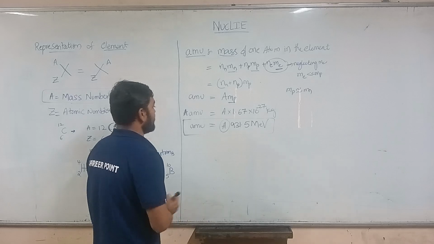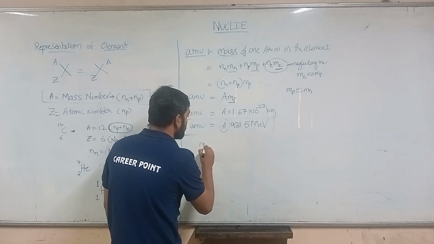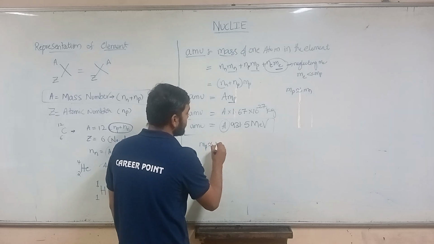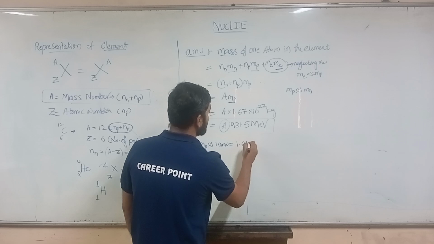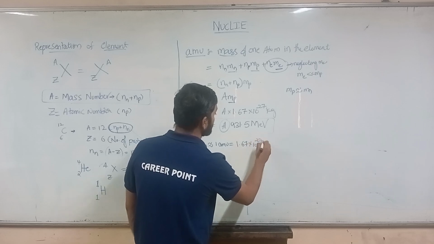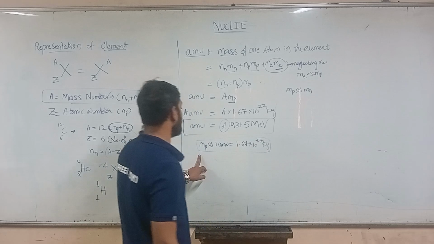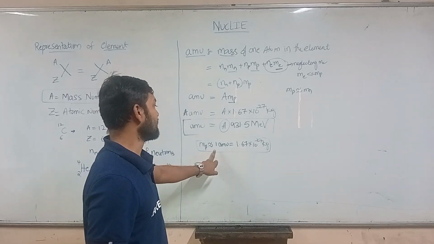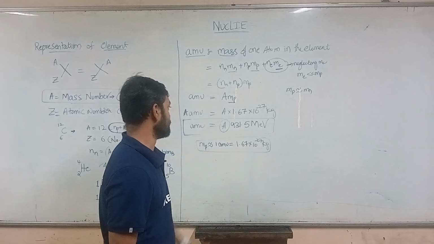Generally we take the mass of a proton as 1 AMU, which is equal to 1.67 into 10 to the power minus 27 kg. So 1 AMU is equal to 1.67 into 10 to the power minus 27 kg.